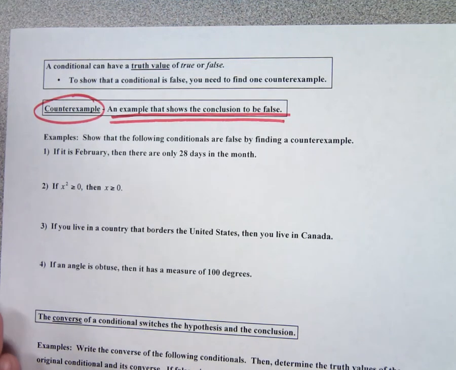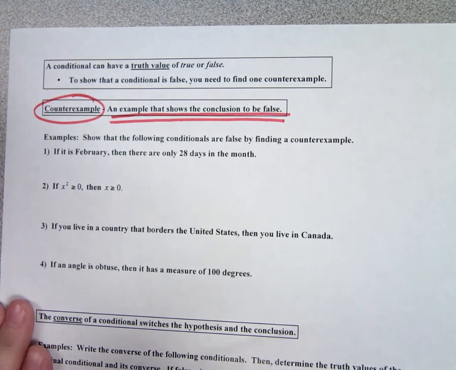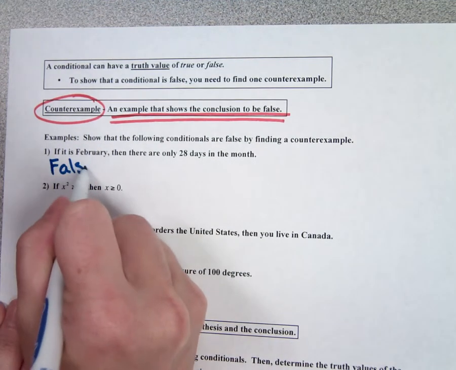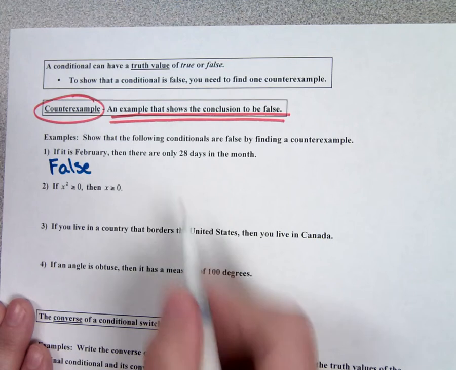What do you think about that? If it is February, then there are only 28 days in the month. Do you think that's true or false? This is false, and why? It could be a leap year.